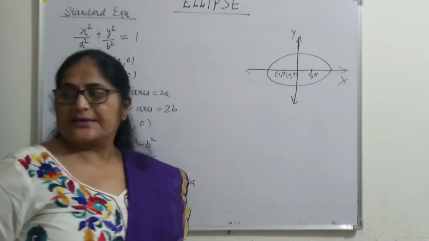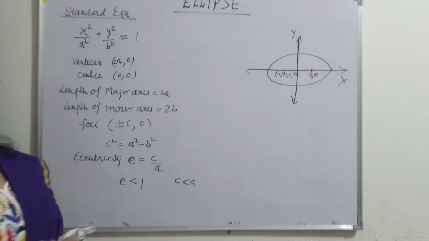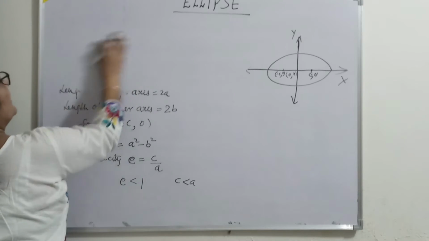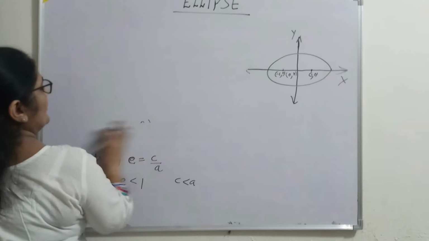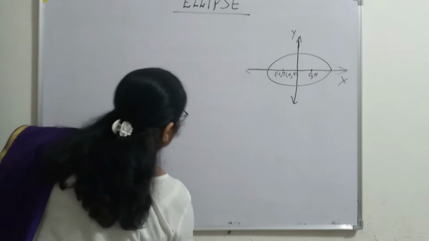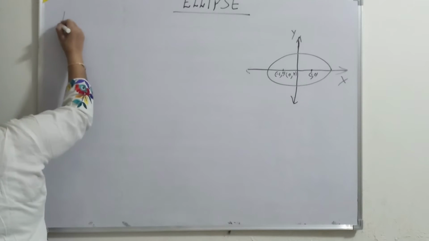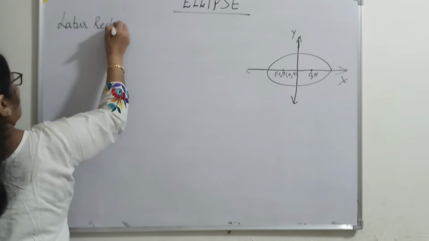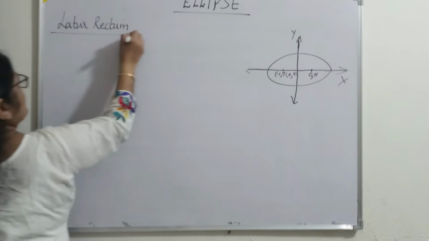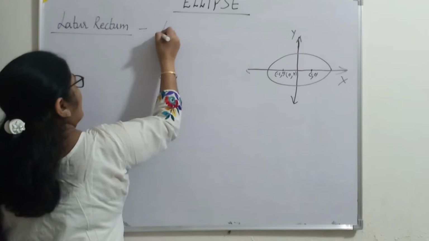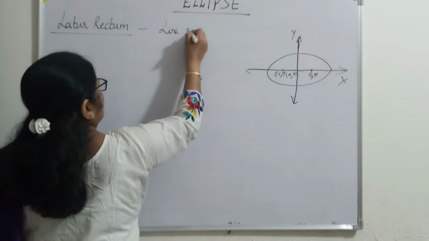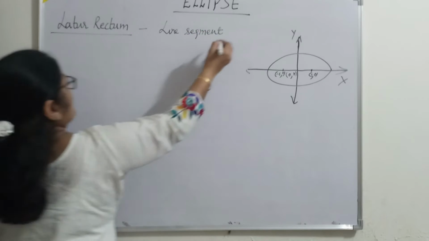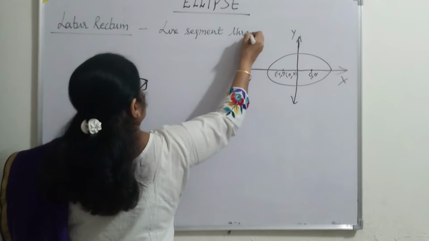We define latus rectum. What is latus rectum? Latus rectum is also defined in the case of a parabola. Latus rectum is the line segment through the focus.